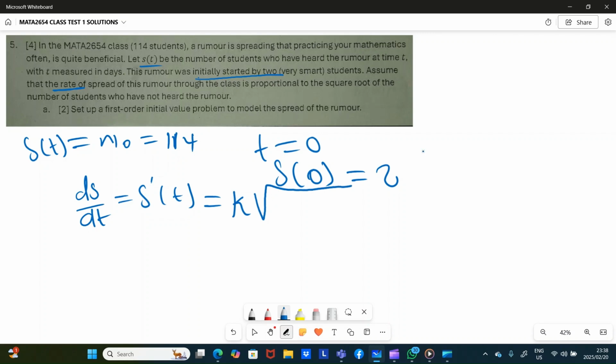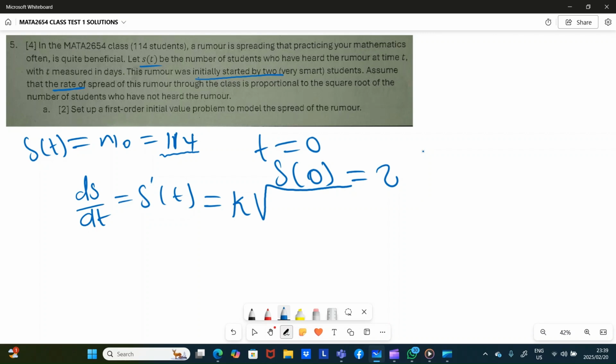So now I am puzzled about what I should put under the square root. However, I know that the total number of students in class is 114.